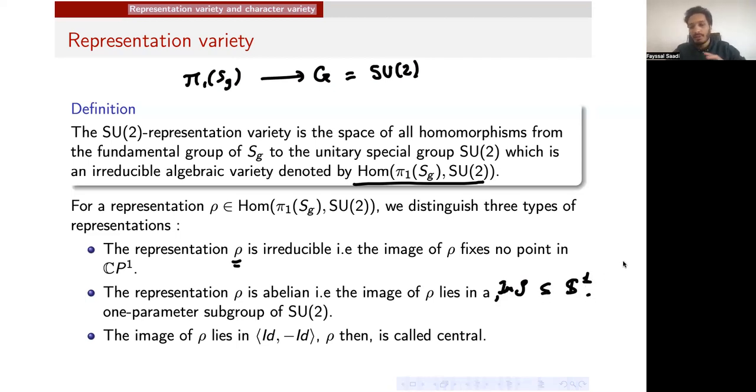And remember that the only subgroups in SU2 are the one parameter subgroups. So if it fixes one direction, that means that it is abelian. And the other case is that rho is central if the image is in the identity or minus the identity.